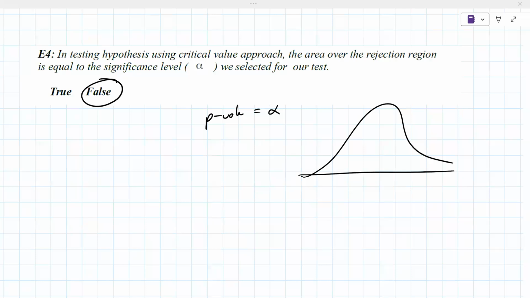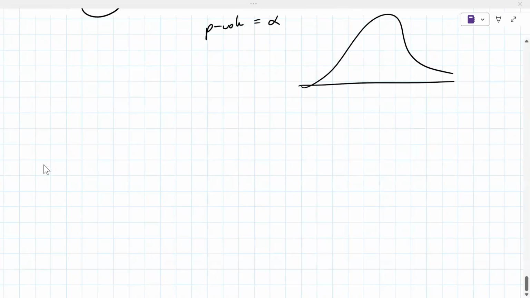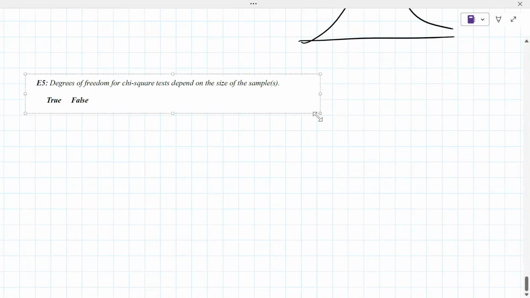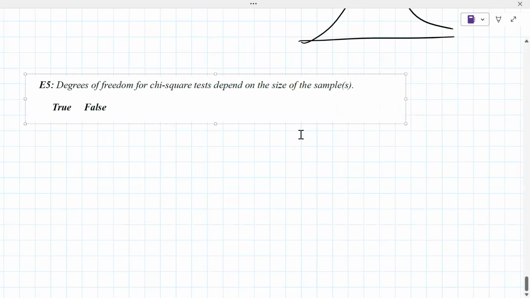Okay, last one here. It says degrees of freedom for a chi-square test depends on the size of the samples. That is false.